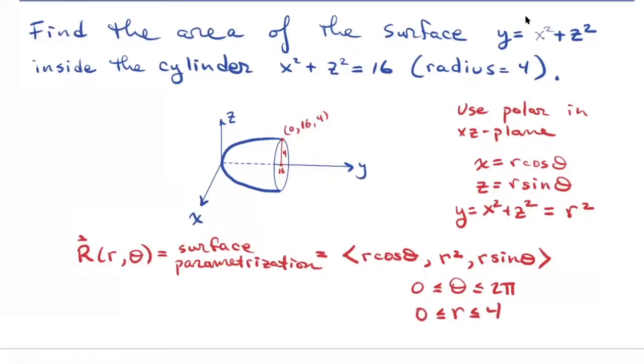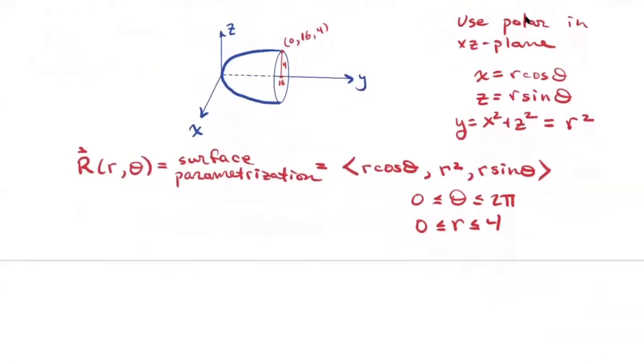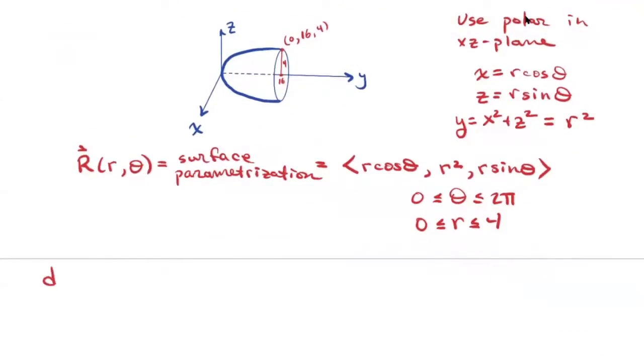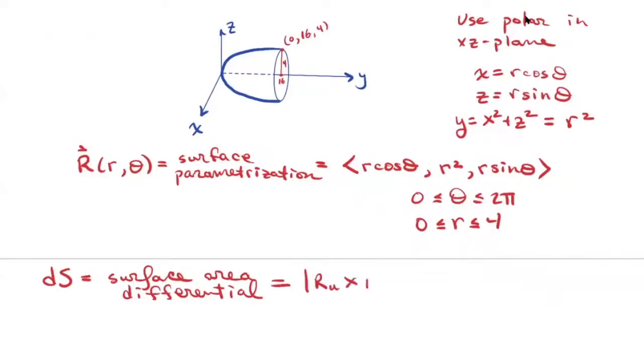Okay, now to do surface area, we need the differential for surface area. So dS, capital S, that's the surface area differential. Okay, so we said this would be R_u cross R_v, and then we would do du dv.